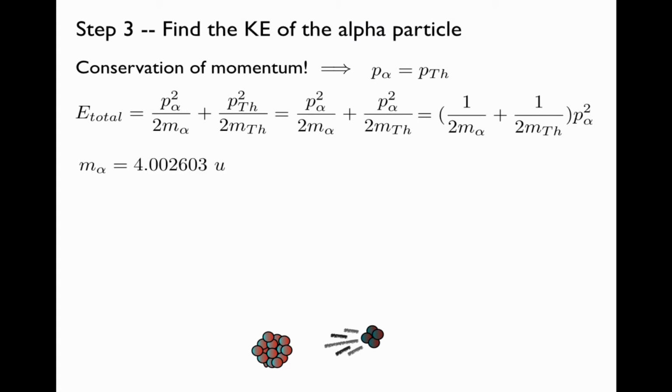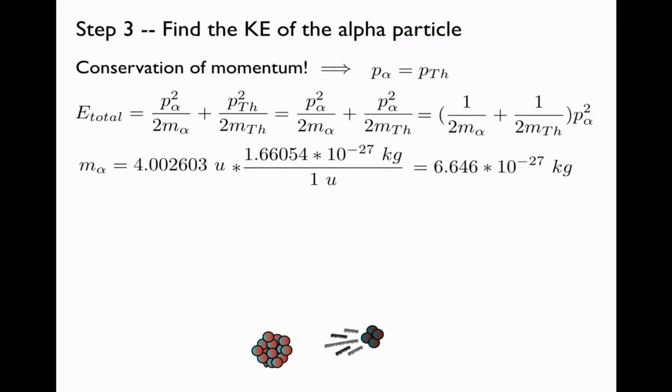Now, in order to continue, we'll need to make sure that everything is in a consistent system of units. So I'm going to convert the masses into kilograms. This is the mass of one atomic mass unit in kilograms. And then do the same thing for the thorium atom.